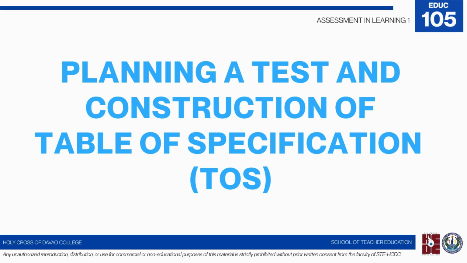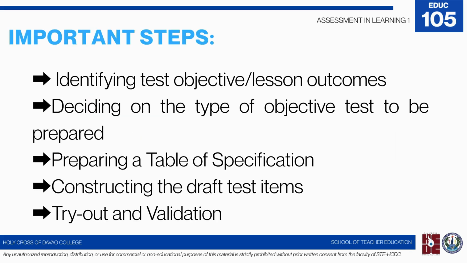And here is the important step. We identify the test objective or the lesson outcomes or the learning competency we have in Matatag curriculum, for example. And then we decide on what type of objective type to be used. So whether it will be selected response or constructed response.